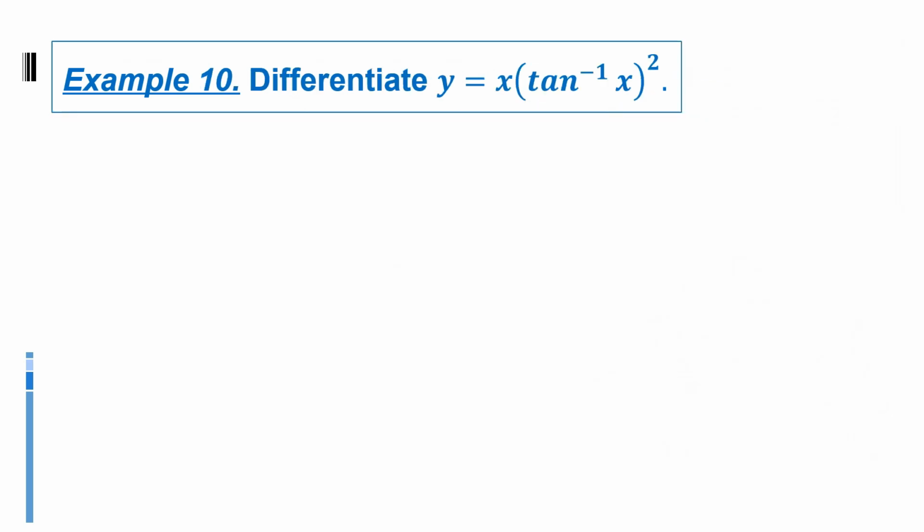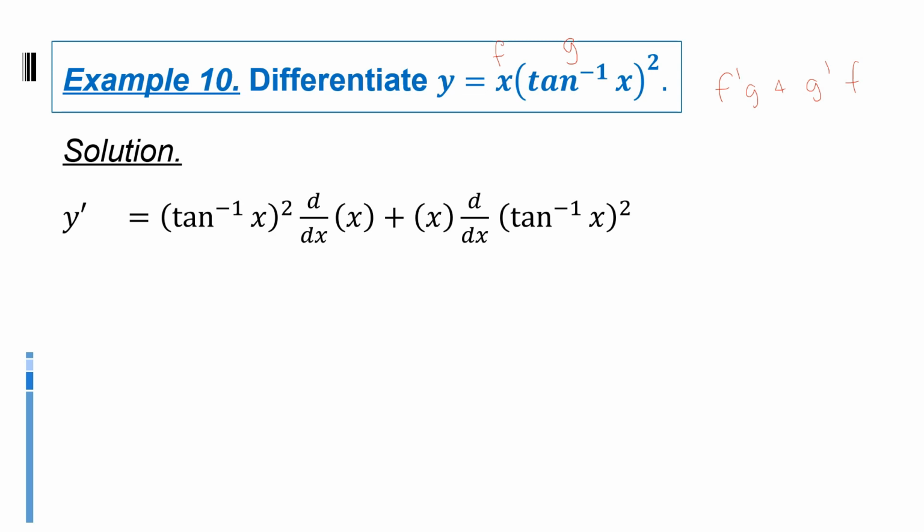Differentiate y equals x times the square of arctan x. So here we have a multiplication. So we let x be our f and the square of arctan x be our g. So using our f prime g plus g prime f, we have f prime, this is our f prime, times g, this is our g, plus g prime, this is our g prime, times f.